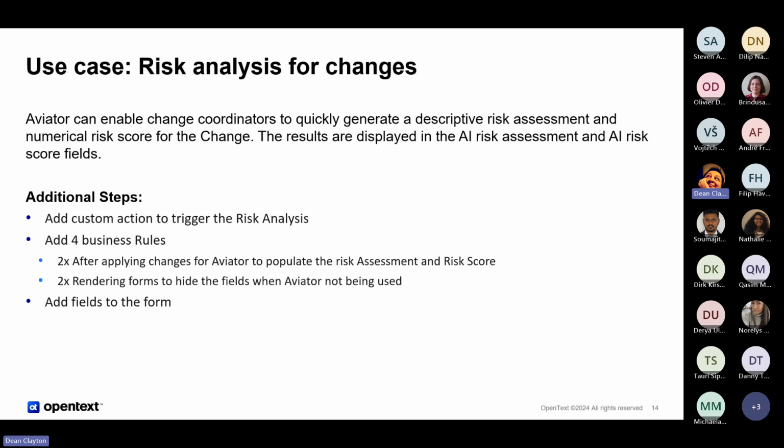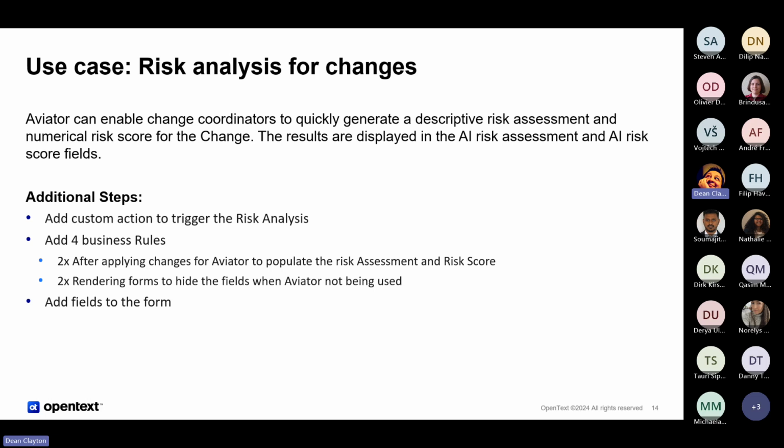One to create a descriptive risk assessment on the change itself. And then the second one is to do a risk score based on some standard criteria that's written within the prompt template.